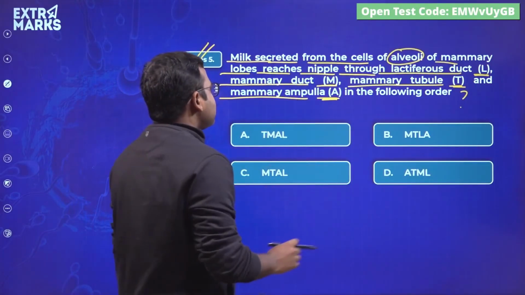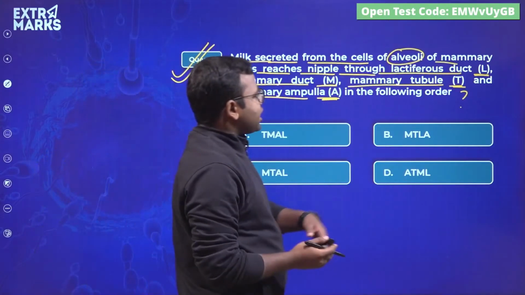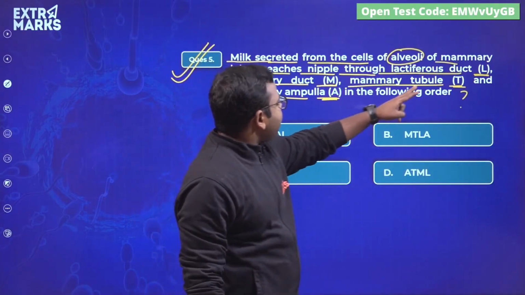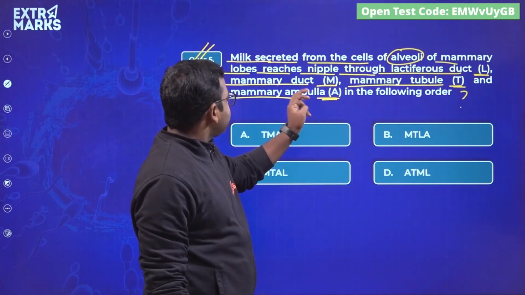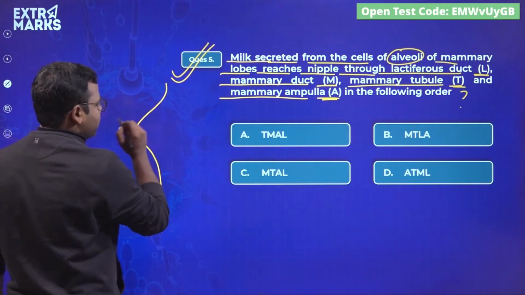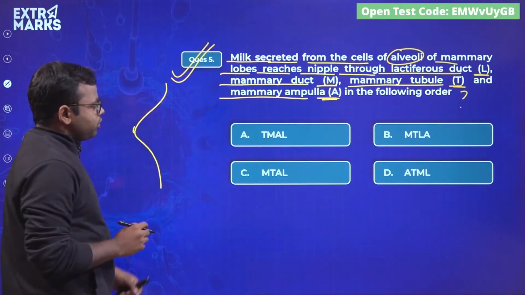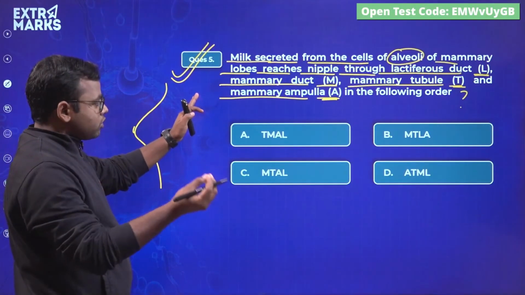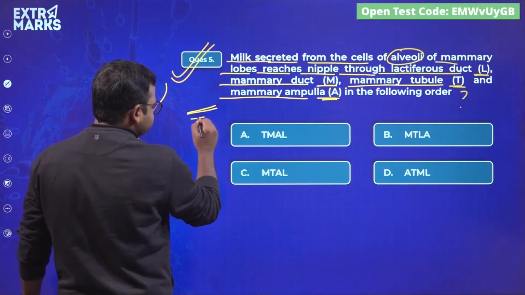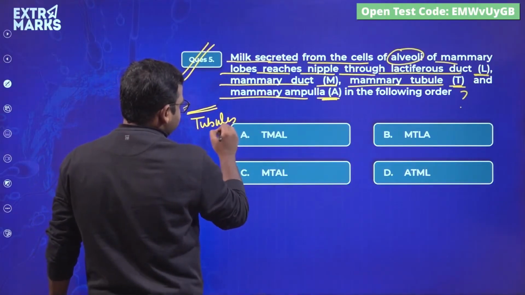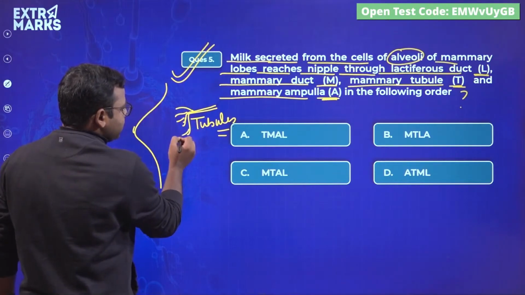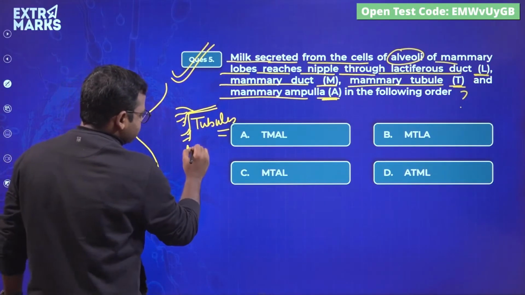Now you have to tell from where firstly milk comes and where it is going, the correct path, right? As per the coding it is given L, M, T, A. Let's understand the correct order completely, right? If you see the correct order, you'll start with the tubules. The milk firstly comes through the cells of alveoli to the tubules. Thereafter it passes to the mammary duct.